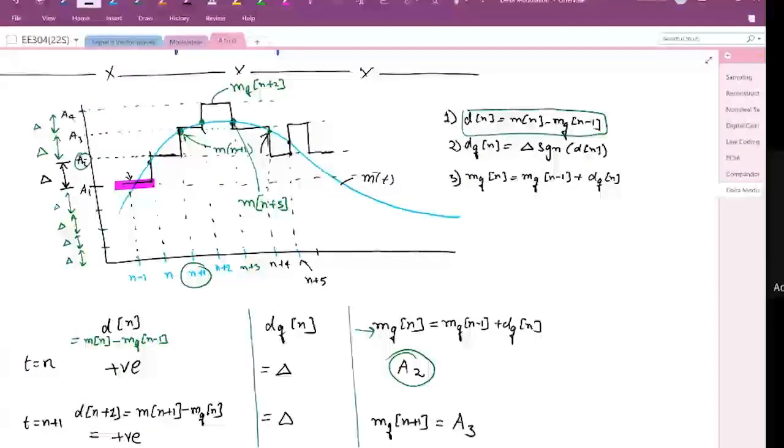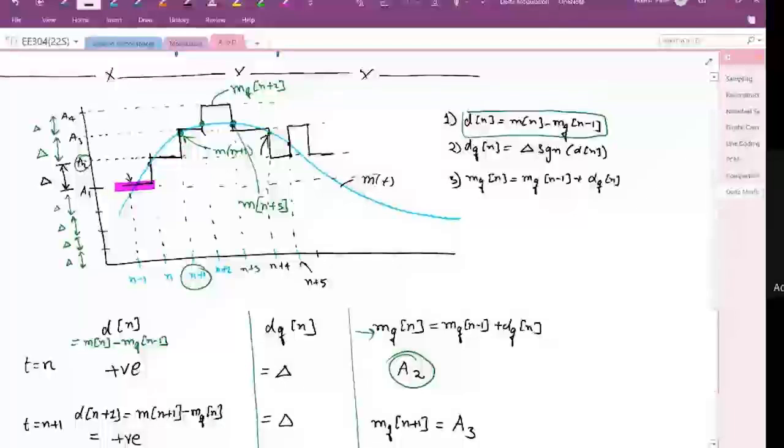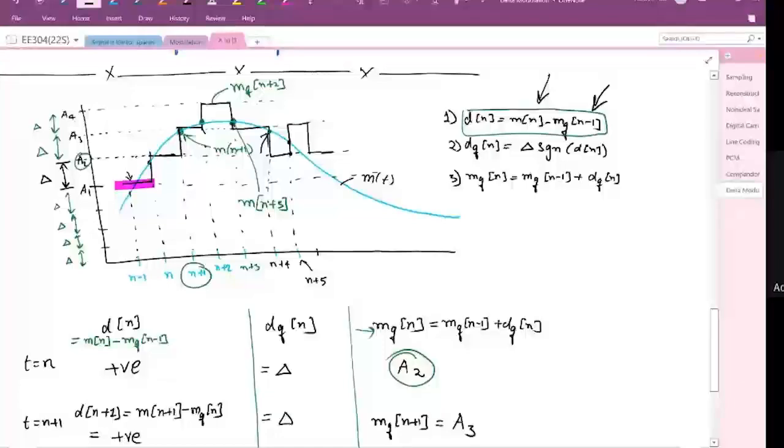If you check this and this, the quantization which was done for the previous amplitude level and the present amplitude level. That means, roughly, it is the difference between the two successive levels, whether it is greater than the step size or less than the step size.